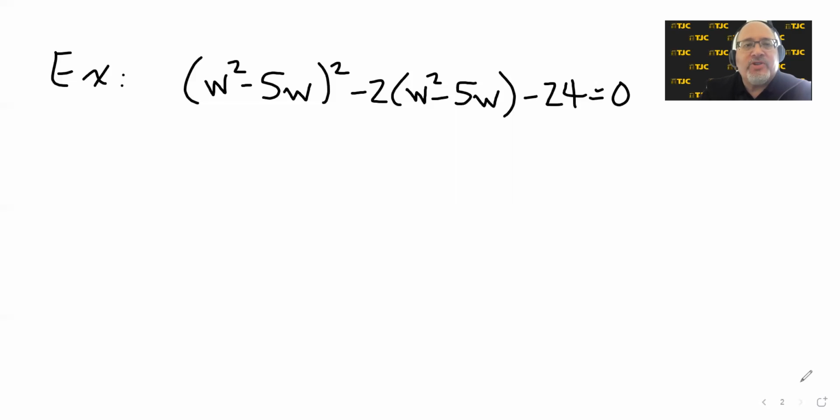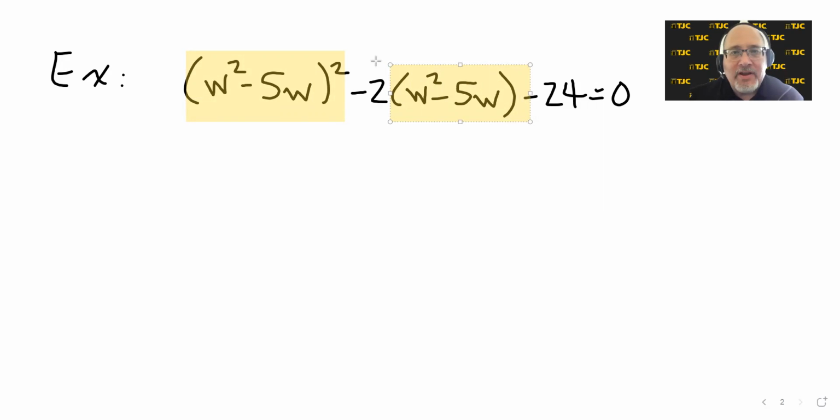(w² − 5w)² − 2(w² − 5w) − 24 = 0. First, notice that this equation is quadratic in form because it contains the same expression twice, once with the second power, once with the first power.